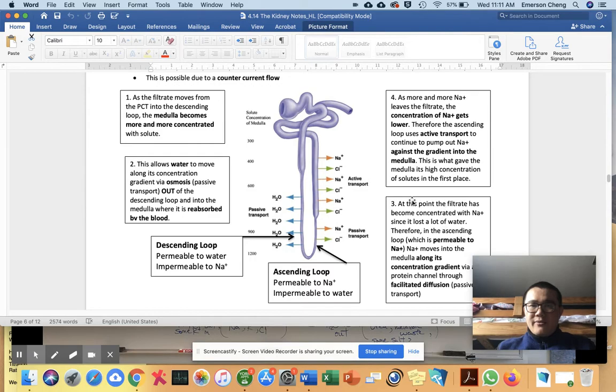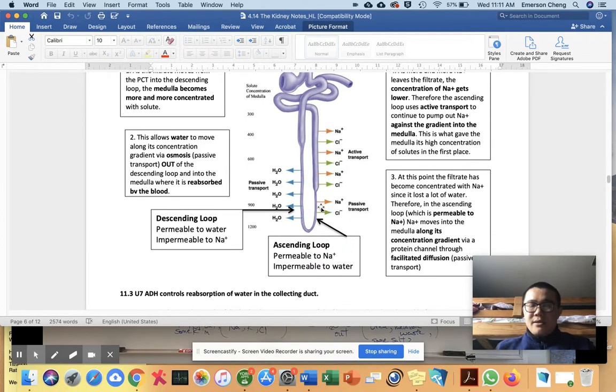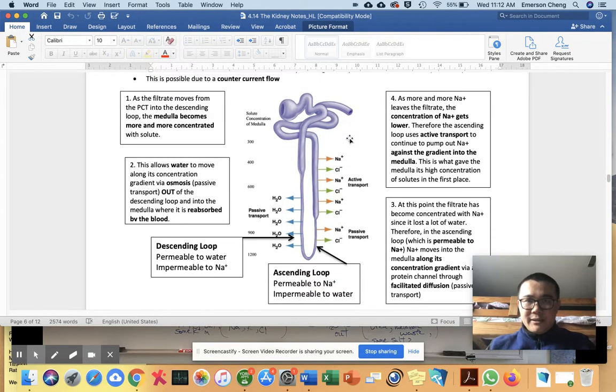At this point, so much water has gone out that the filtrate here is actually saltier than the surrounding membrane, so there's passive transport. But as the sodium and chloride ions leave, by this point it is active transport, because the surrounding tissue is saltier than this, so you need active transport. We talked about this before the holiday, okay?